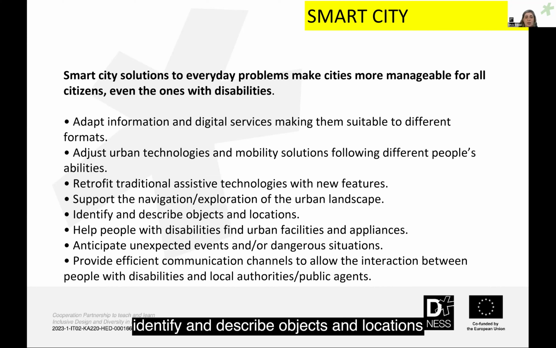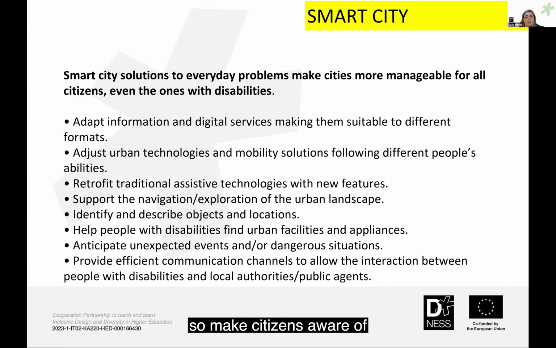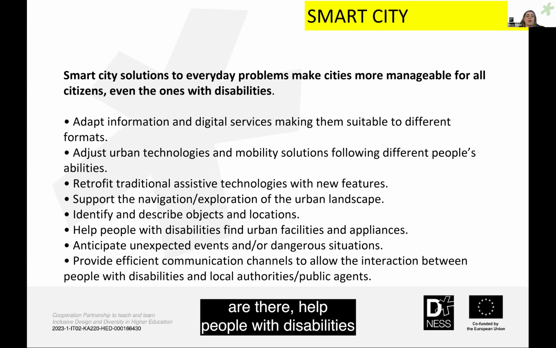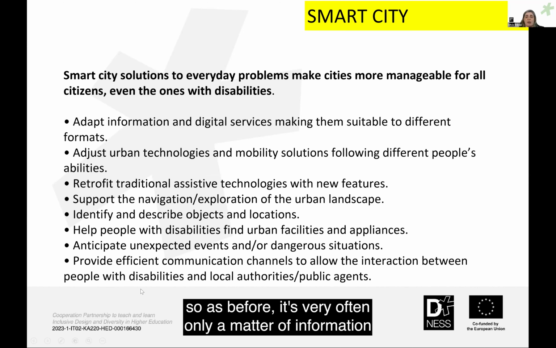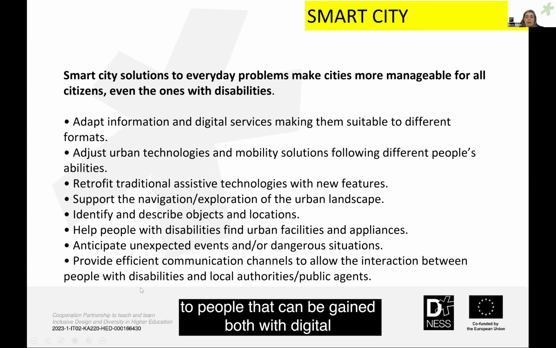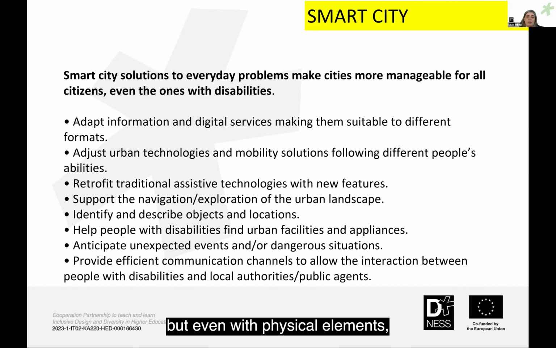Identify and describe objects and locations, so make citizens aware of what they can find in places and what urban objects are there for. Help people with disabilities find urban facilities and appliances. So as before, it's very often only a matter of information to people that can be gained both with digital, but even with physical elements.